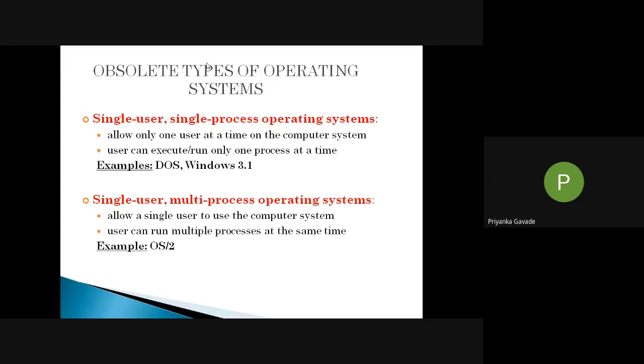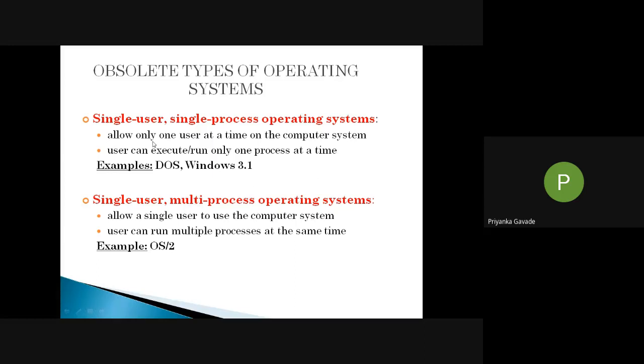So in this slide, you can see the various different types of operating systems. The first one is single user, single process operating system, which means that such operating systems allow only one user to make use of the computer system at any point in time, right?